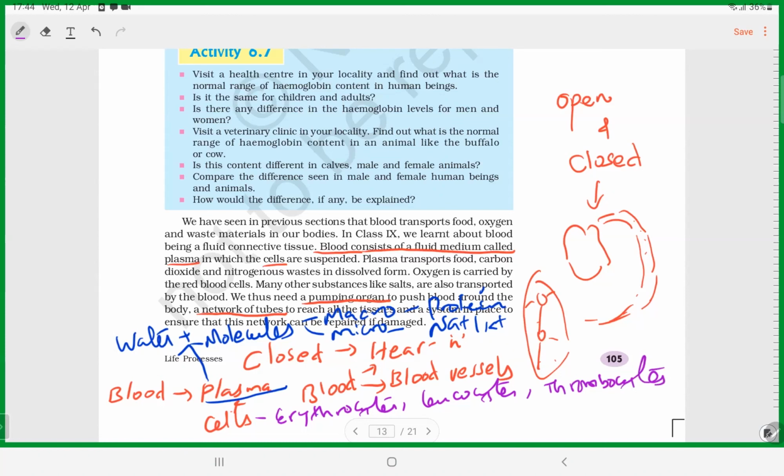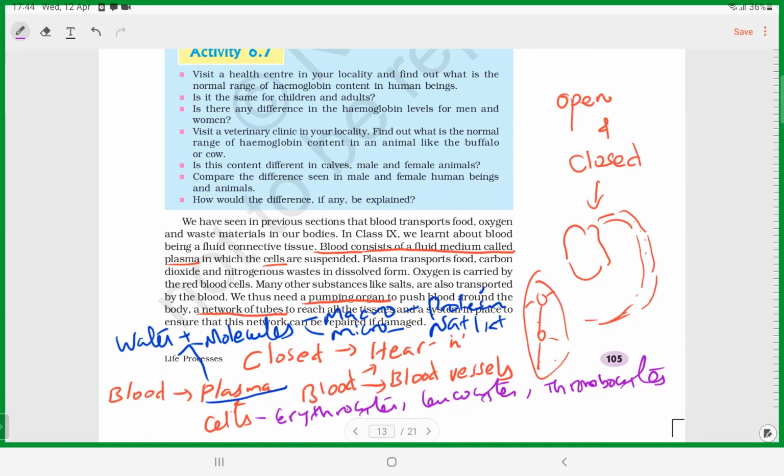What are the three types of cells present in blood? Erythrocytes, leukocytes, thrombocytes. Common terms: red blood cell, white blood cell, platelets. So plasma, molecules and cells are present. Is it clear? This is the composition of blood.